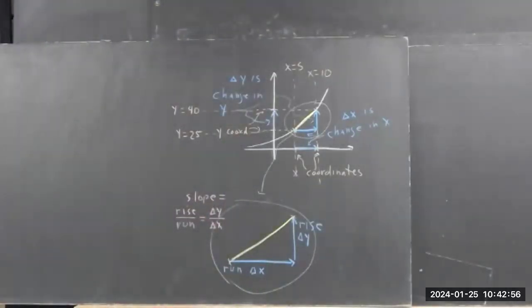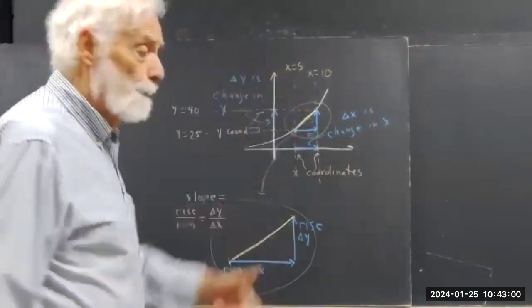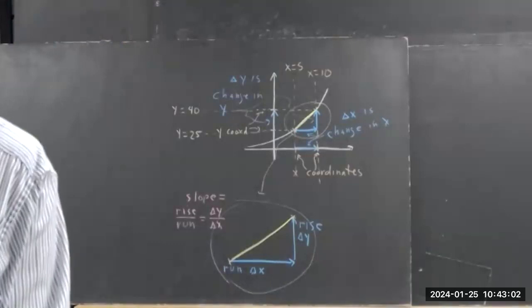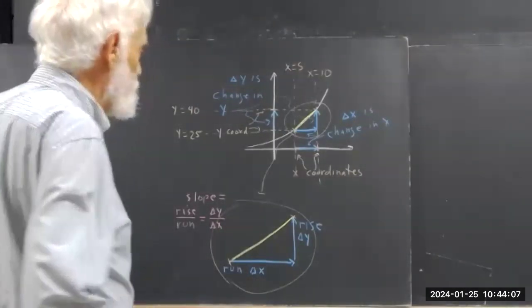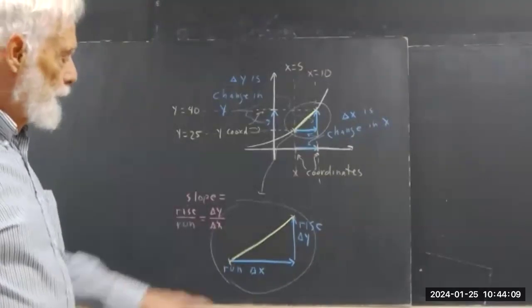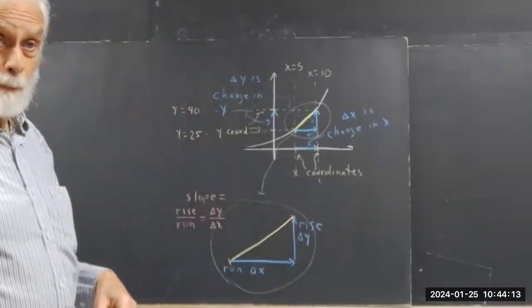So what's the rise? How would you calculate the rise? Okay, now most people got this and some people are processing it, but it should be obvious. Rise is the change in y. So we better have the two y coordinates, right?